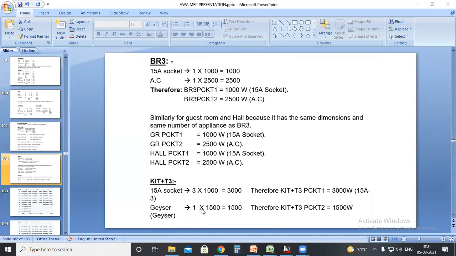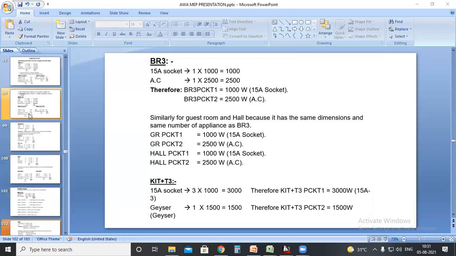So one geyser 1500 watts, and that is power circuit 2. So they have taken only 2 circuits for the kitchen plus toilet 3 power circuit. But in the actual case, as you said, it might be 3 or 4. Sticking to the standard they have mentioned, we can take 3 sockets in a particular circuit, and the next one is the geyser. So we need only 2 circuits in kitchen plus toilet 3.